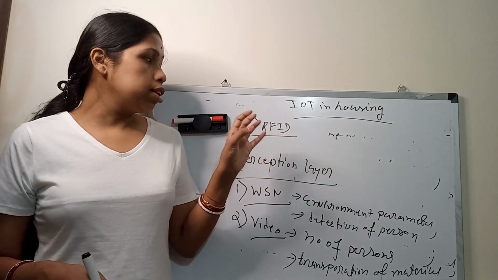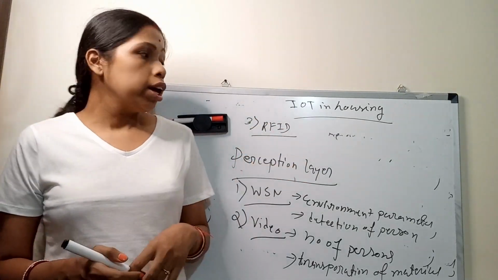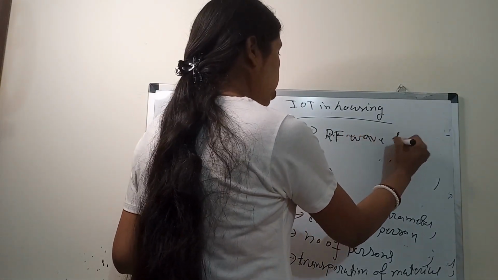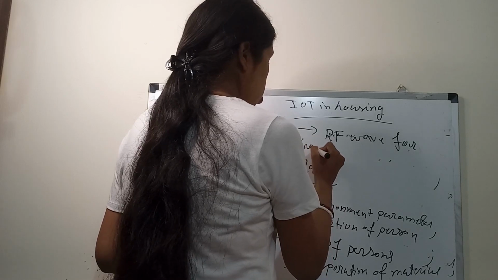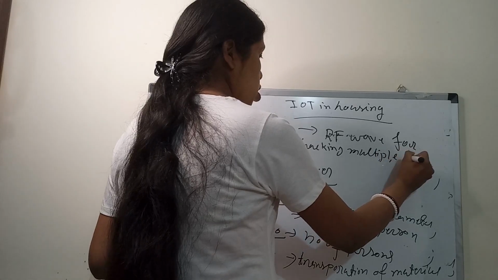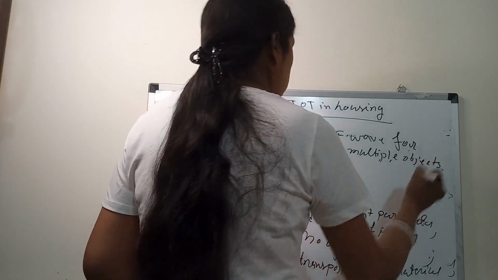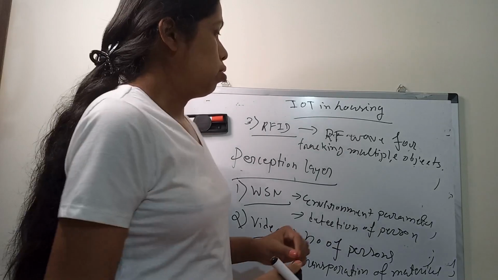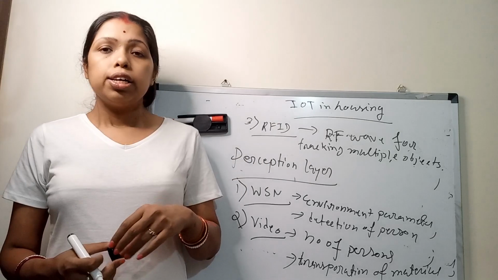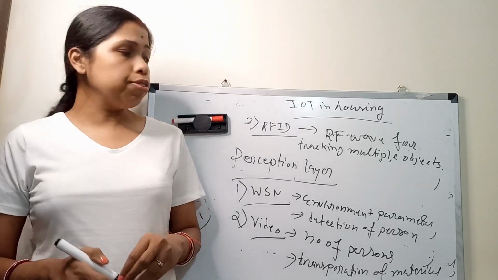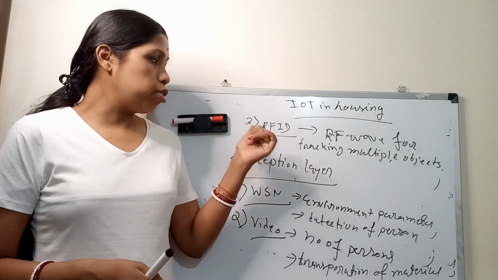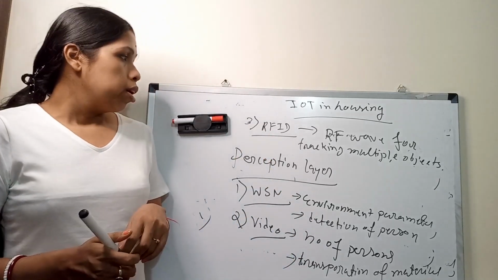So a radio frequency identification device can be used for tracking multiple objects. For different housing applications, based on your requirement, you can use different sensors: WSN, video camera or RFID sensor.